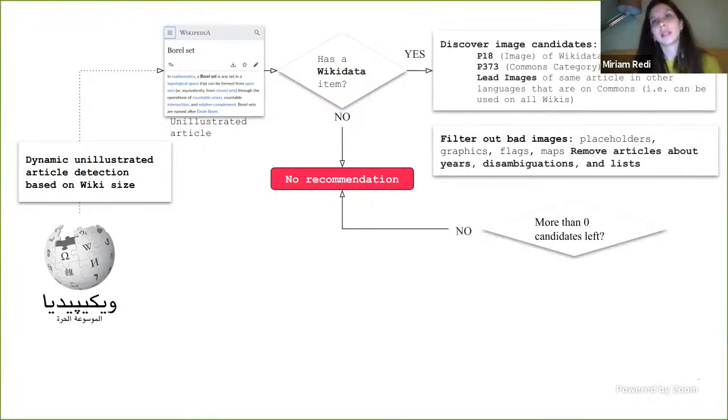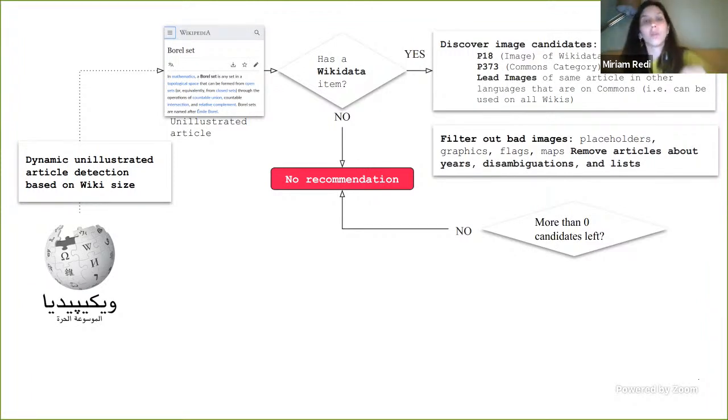If there is a Wikidata item, the algorithm now is going to look for possible image candidates. It's going to do so by looking at some specific properties of the Wikidata items. The P18, which is the actual image of the Wikidata item. The P373, which is the Commons category that is linked to the Wikidata item and that contains images that are highly relevant to that Wikidata item.